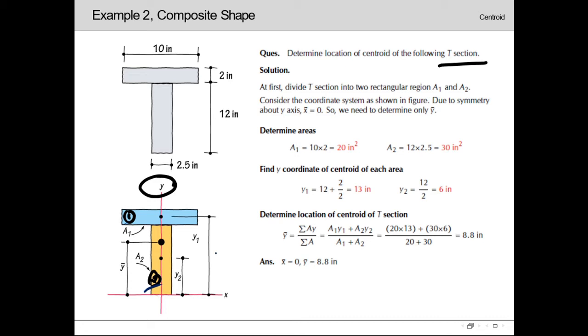Now we need to locate the centroid of segment 1 with respect to this reference axis starting from 0, 0. This is the intersecting point of the two axes, so this is the 0, 0 point.